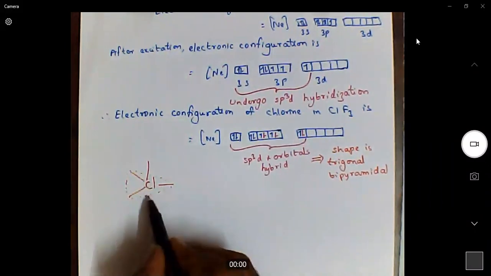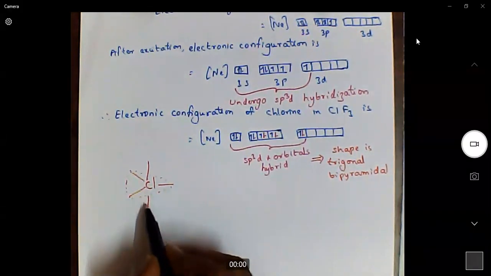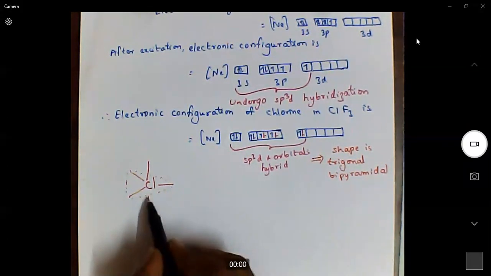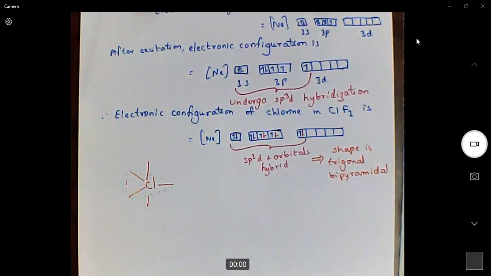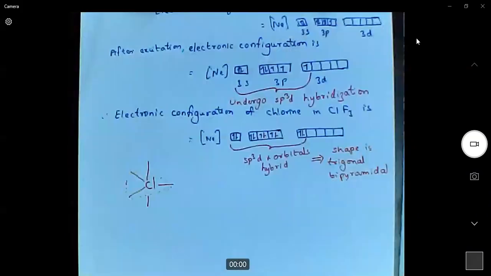We can write this bond also from chlorine, but generally whenever you look at a bond below the plane, it will be obscured, not visible to the eye. If you want to visualize this, place your palm like this and place a pen under it.